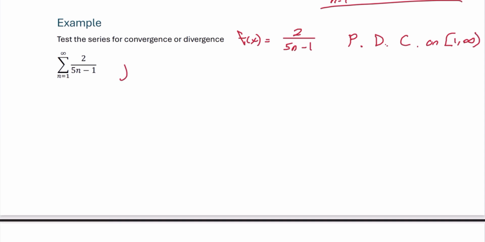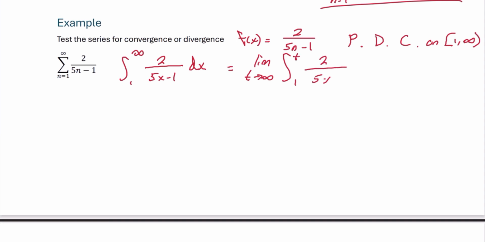So we have the integral from 1 to infinity of 2 divided by 5x minus 1 dx. So we'll take the limit as t goes to infinity, integral 1 to t of 2 divided by 5x minus 1 dx.